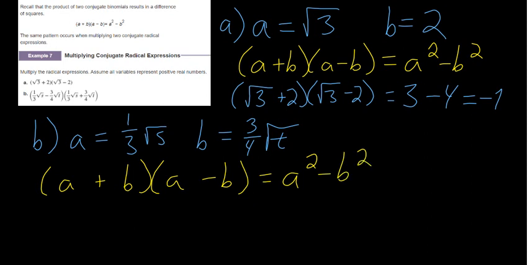The A term again is 1/3 square root of S minus 3/4 square root of T.